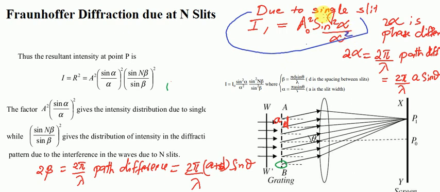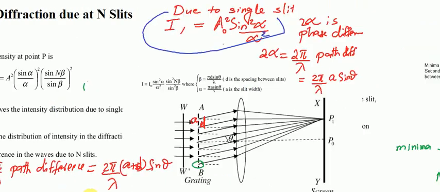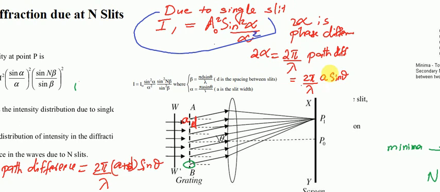What is this alpha? 2 alpha is the phase difference between the waves emanating from any two points on a single slit. We know the path difference between any two points is a sin theta; this we derived earlier.